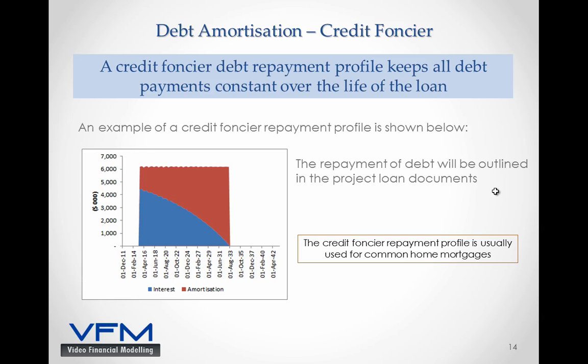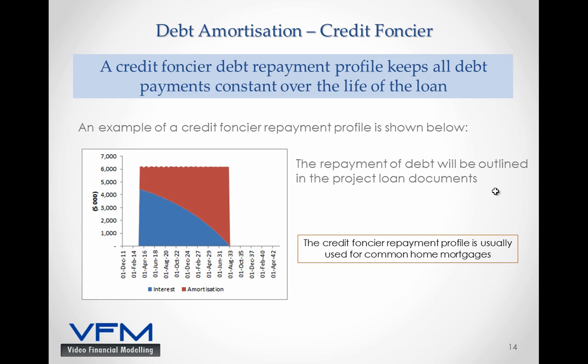You usually pay a fixed amount each month, so the debt repayments are constant. These are split between paying down your principal on your house, or your amortization amount, and your interest. So what happens in a credit foncier repayment profile?